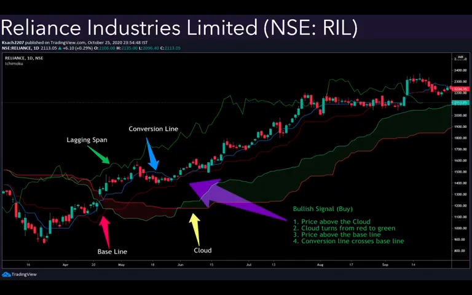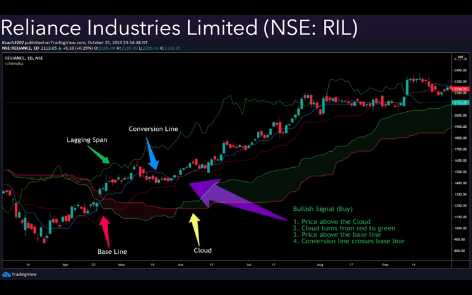Okay. So the first example is of Reliance Industries Limited, right? I have plotted the lines and shown you the various lines which we discussed in the earlier slides, right? So the line with the blue color is the conversion line. That's the 9-day period high low, right?